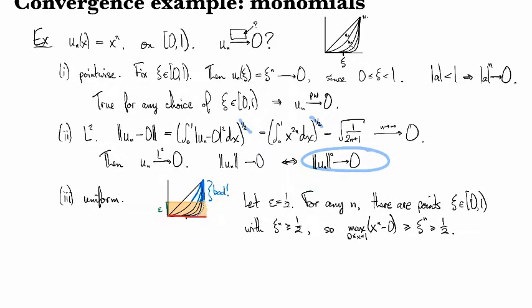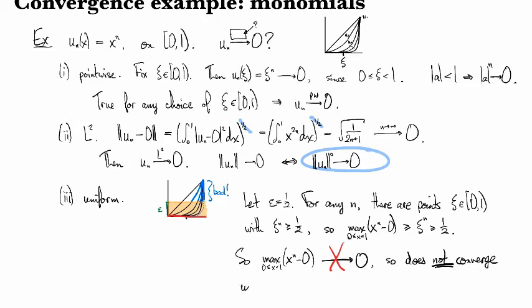And so this tells you that the max of the difference does not go to 0. So it does not converge uniformly on this interval.